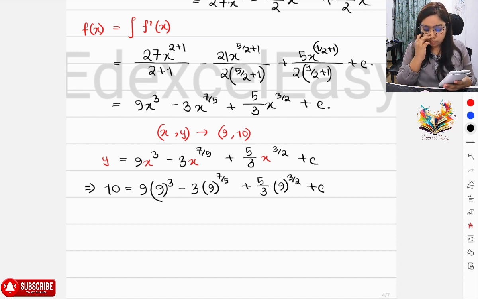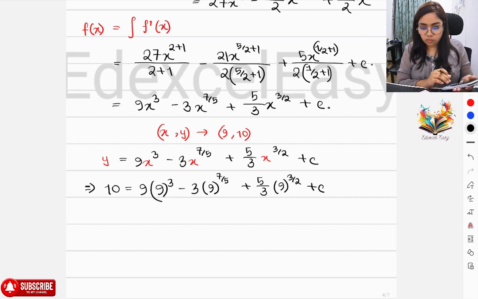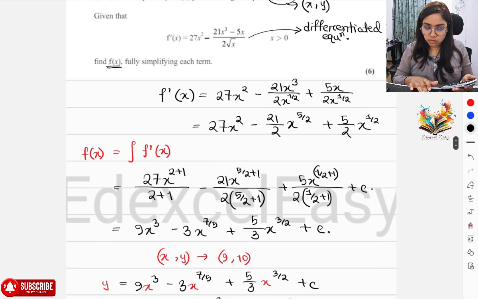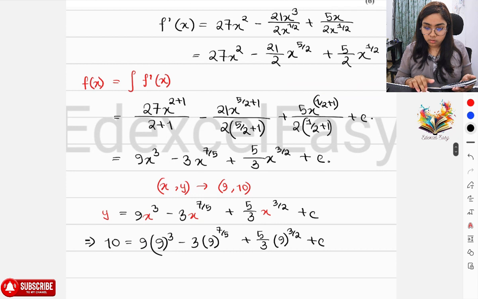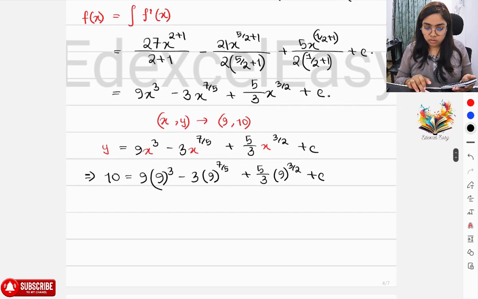So wait, the value for x was 9, so 5 by 3 plus c is 5.2. 1 minus half is going to be half. You get half plus 1, half plus 1. Yeah, wait 1 minute.